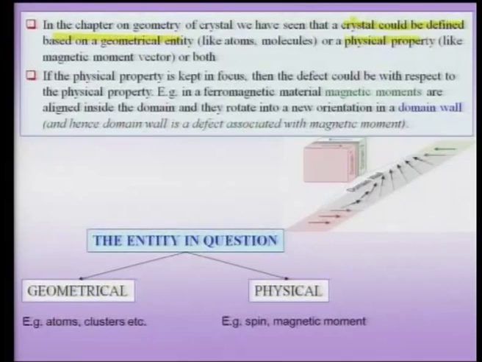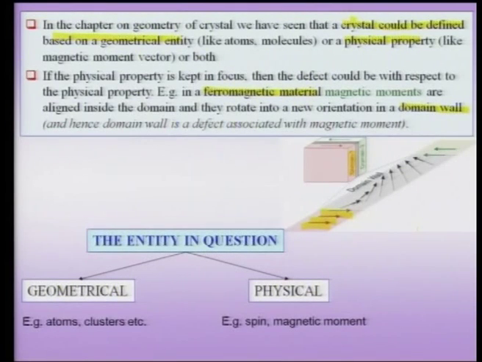But let me take up an example wherein I am talking about a defect with respect to a physical property. A good example of this would be the domain wall in a ferromagnetic material. In a ferromagnetic material, there are regions wherein all the magnetization vectors are aligned. So, for instance, if you see the figure below, on the left hand side, which I call domain 1, you can see that all the magnetization vectors point to the right.